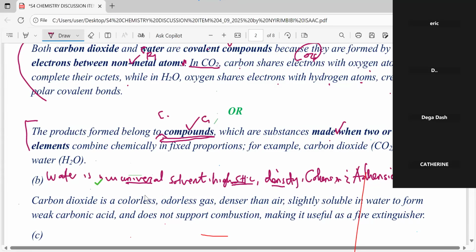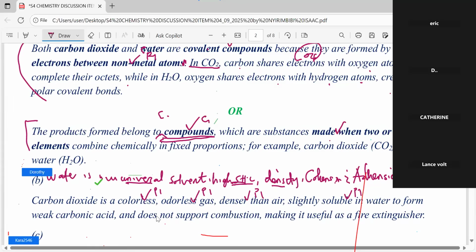Like here, I said carbon dioxide is colorless. That is property 1. Odorless, property 2. Denser than air, property 3. Then slightly soluble in water to form carbonic acid. This is property 4.